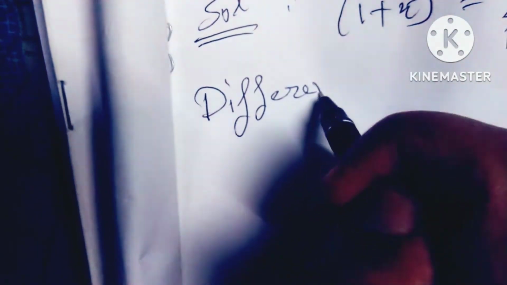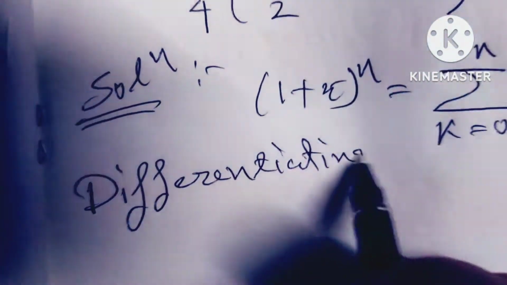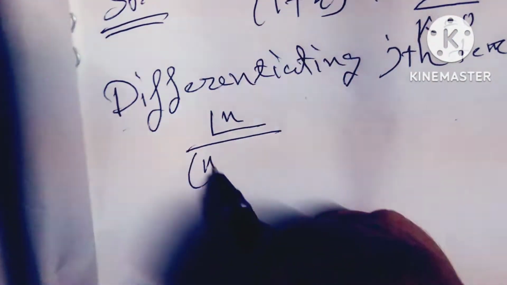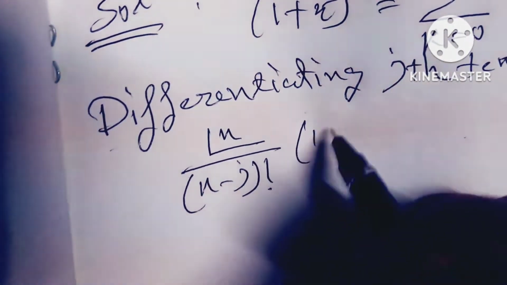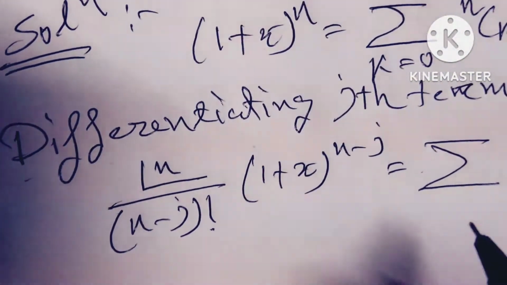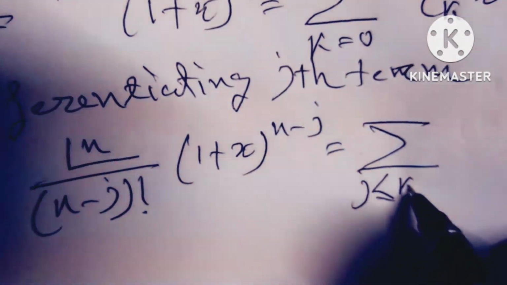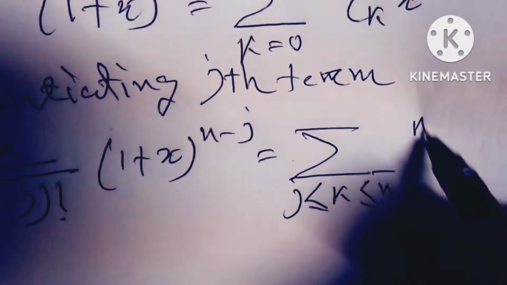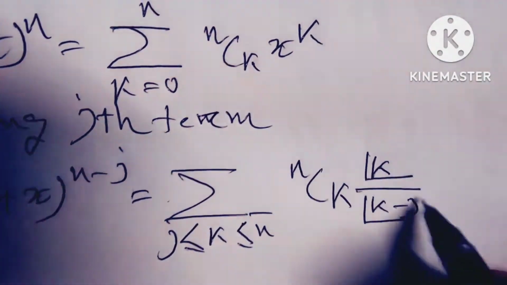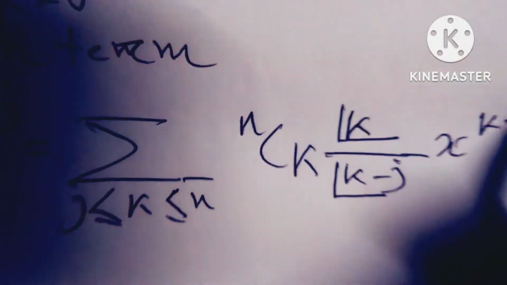Differentiating the jth term, we have n factorial divided by (n minus j) factorial times (1 plus x) to the power n minus j equals summation over j less than or equal to k less than or equal to n of C(n,k) k factorial divided by (k minus j) factorial x to the power k minus j.